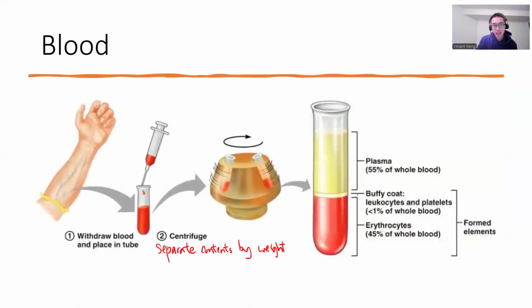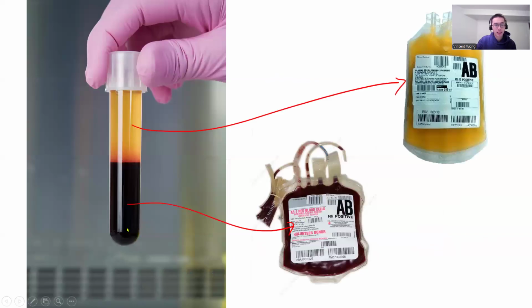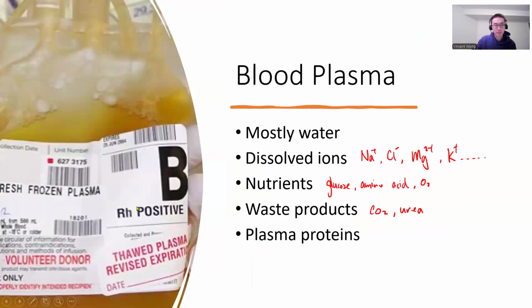The formed elements are everything here, including the white cells and the platelets. If we are just talking about the red cells, they form a little pellet at the bottom. They're all compacted together, and that is called the hematocrit. Only the red cell portion.